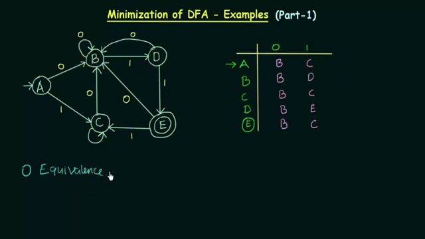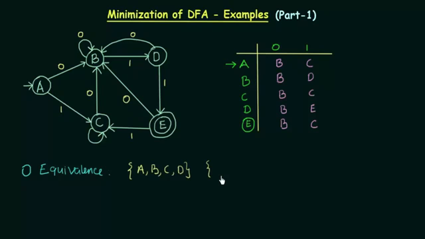So how do we write the 0 equivalence? It's very simple. You just write the non-final states together as one set, and you write the final states as another set. So here what are my non-final states? A, B, C and D. So I will make this one set: A, B, C and D. And what are my final states?